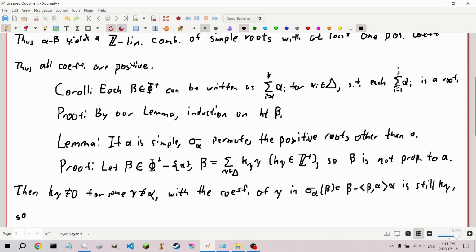So sigma alpha of beta has at least one positive coefficient with respect to our base, so it is positive.